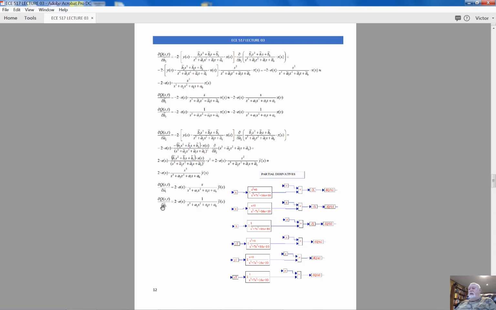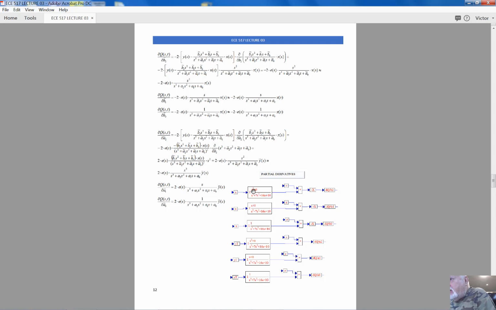And now I want you to take a close look at the implementation of these partial derivatives in the simulator. Look, I have input x. This input x is multiplied by this transfer function. The denominator of the transfer function is the denominator of the reference model.